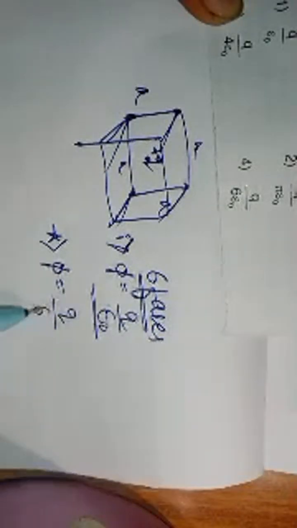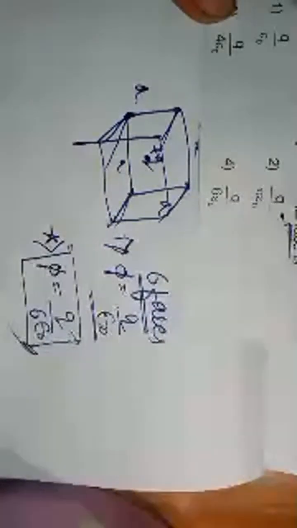See, the cube has 6 faces and the charge is at the center. If they ask for the total electric flux through the cube, the answer will be flux is equal to Q by epsilon naught. But they are asking through one face, so the electric flux is equal to the charge enclosed divided by 6 faces, so Q by 6 epsilon naught. This is what the answer will be.